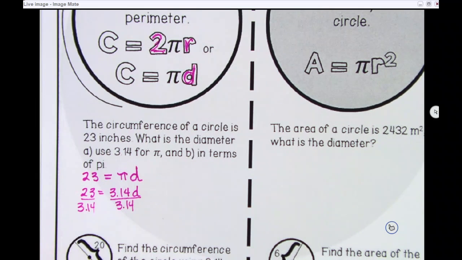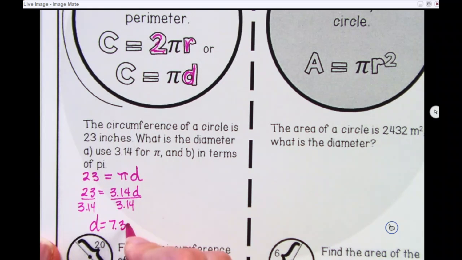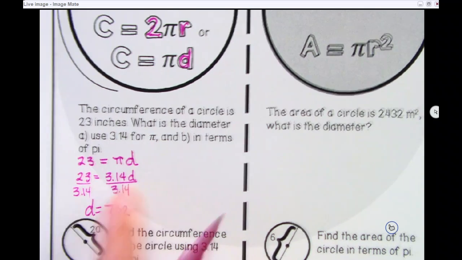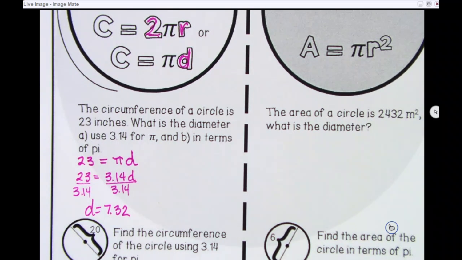So I'll grab my calculator. 23 divided by 3.14. And the diameter equals 7.32 if I round to 2 decimal spots, like we rounded pi to 2 decimal spots.